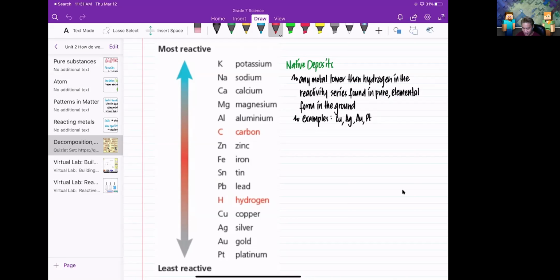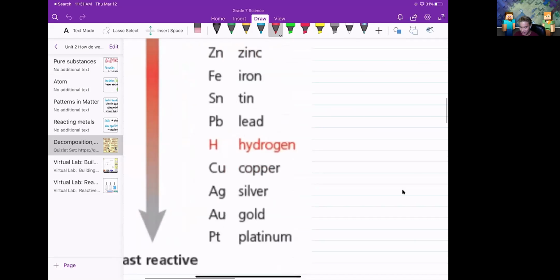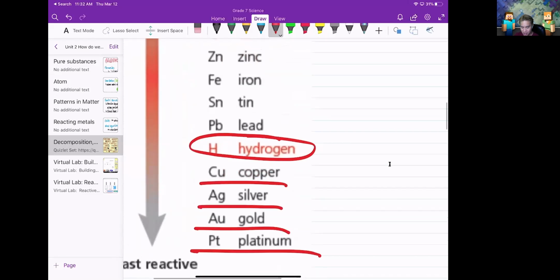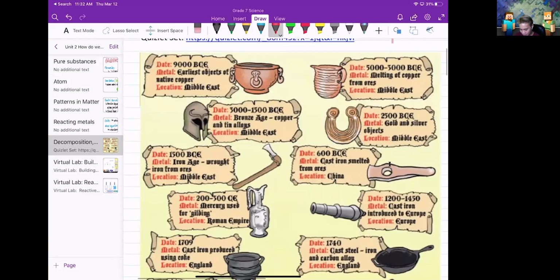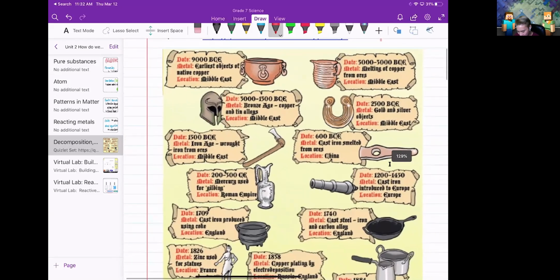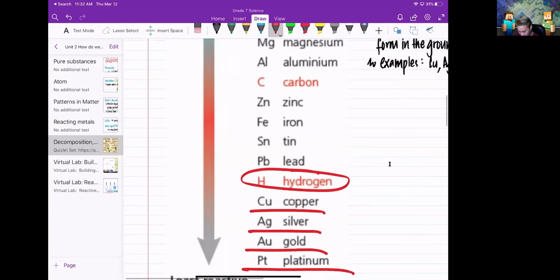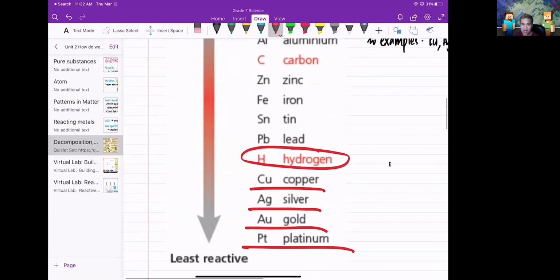Okay, very good. So here, as you can see, this is hydrogen. All the metals that are lower than hydrogen are native deposits. As you can see here, copper, gold, silver, they found them because they are easily accessible. They are found in their elemental form.